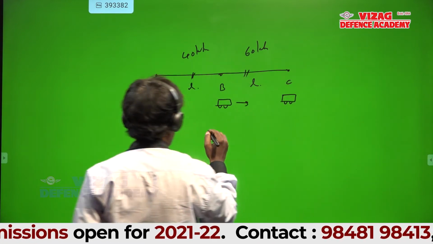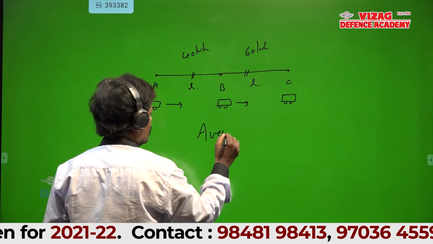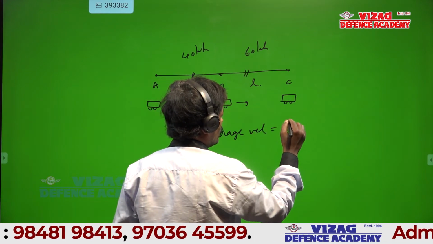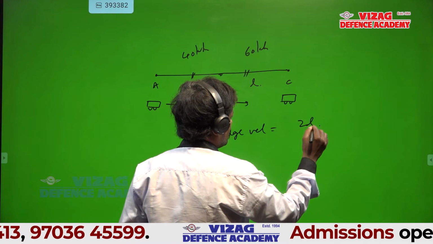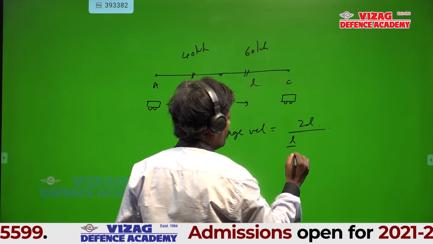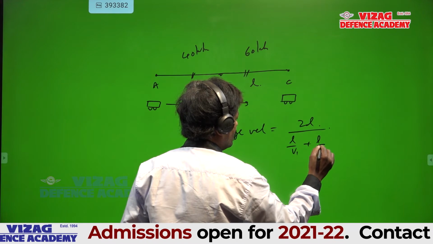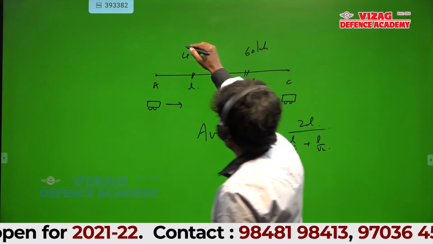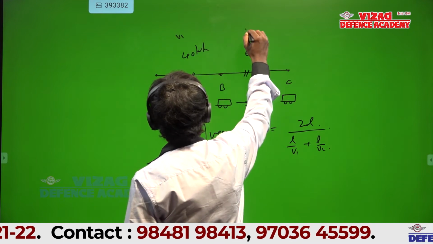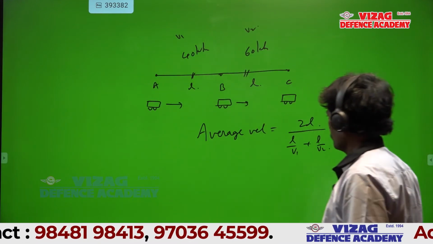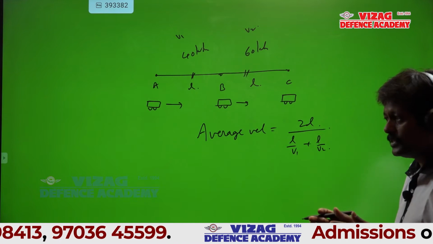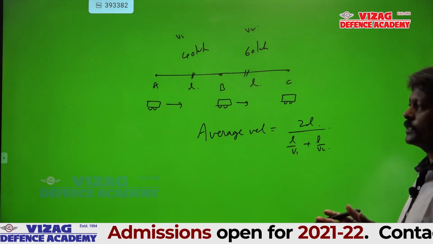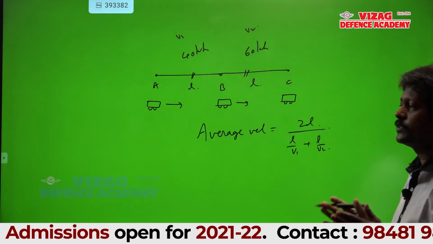So average velocity is total displacement by total time, which is 2L by L by V1 plus L by V2. Now listen. In this case, average velocity will not be 0 because total displacement is not 0.